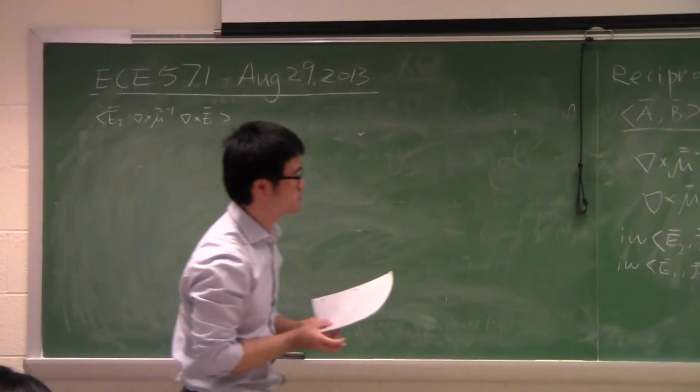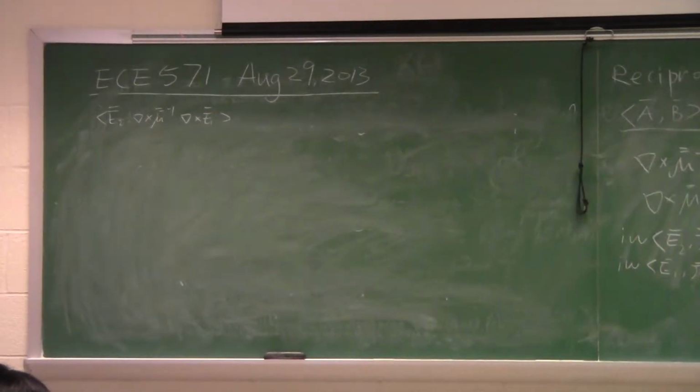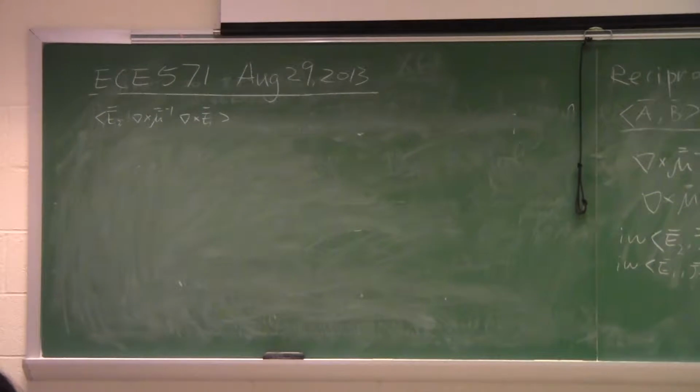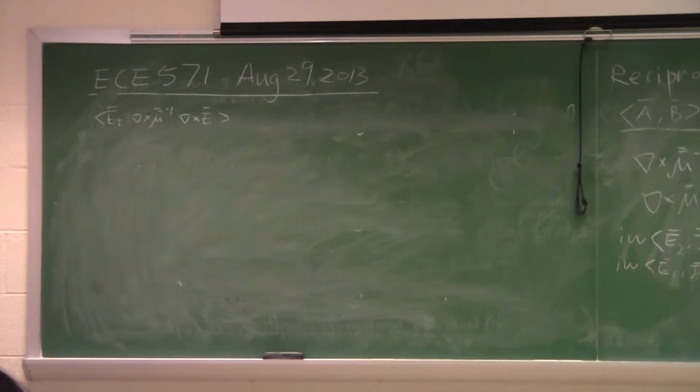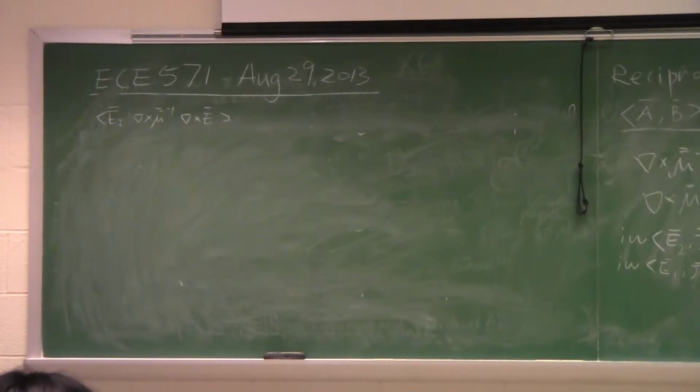If you look at these two terms, if we can somehow move this derivative to here, or move this derivative to there, then these two terms look very similar, right? We can put this curl onto E2, then it becomes curl of E2 mu inverse and curl of E1, and this becomes curl of E1 mu inverse curl of E2.